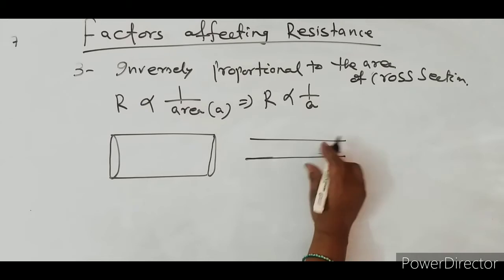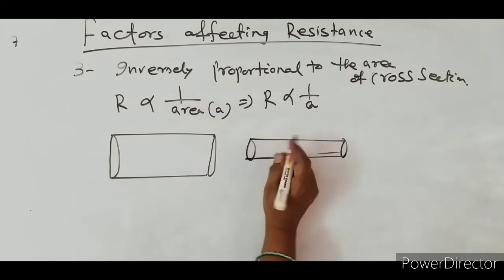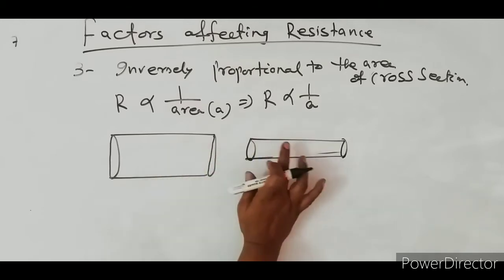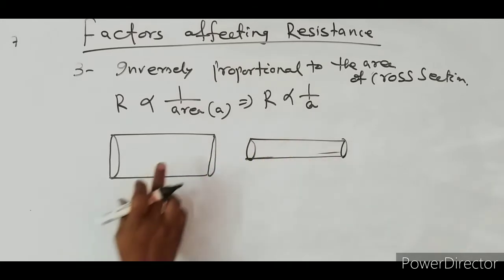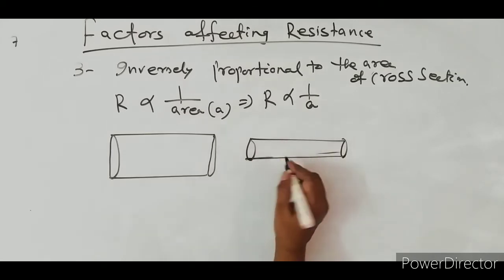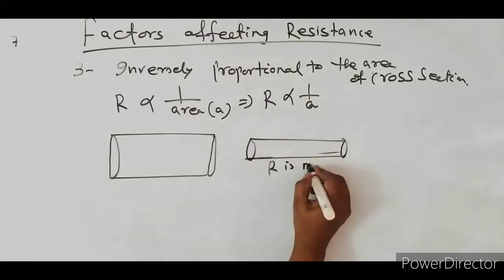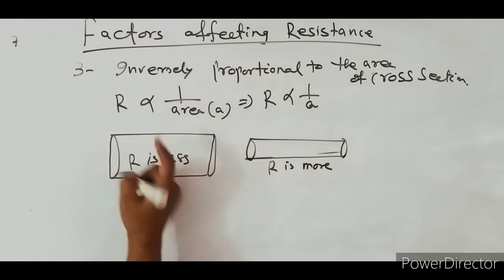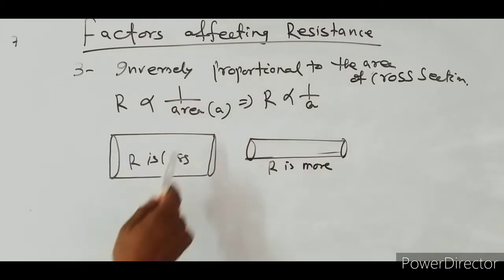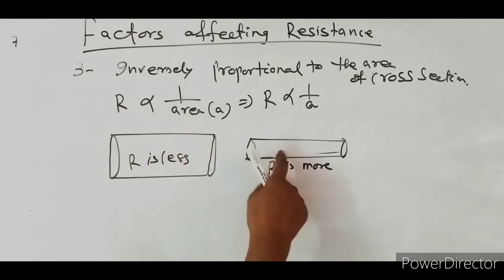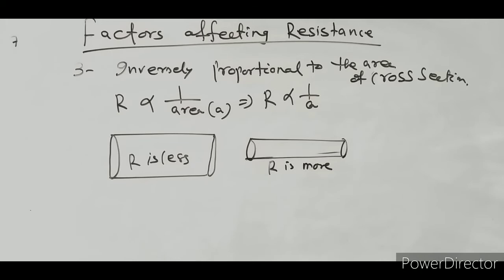In the thinner wire, resistance will be more; in the thicker wire, resistance is less. The more the area, the less the resistance; the less the area, the more the resistance.